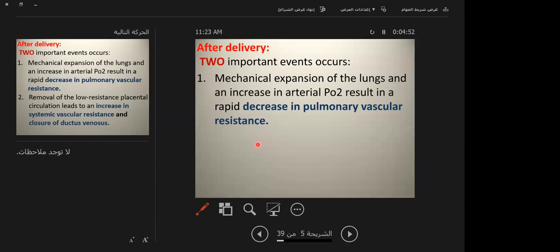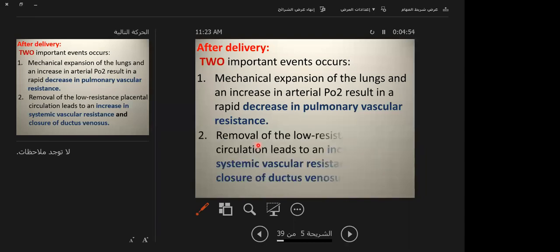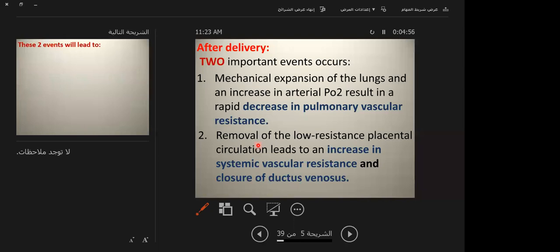The next event, which is very important: removal of the low resistance placental circulation after clamping of the umbilical cord results in a rapid increase in the systemic vascular resistance and closure of the ductus venosus. So we have two events.